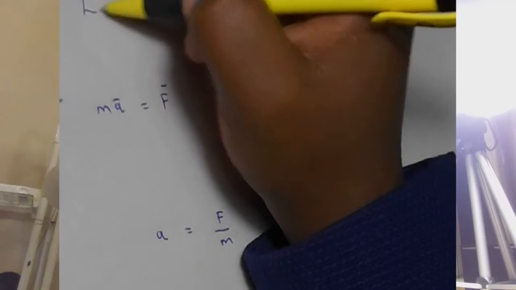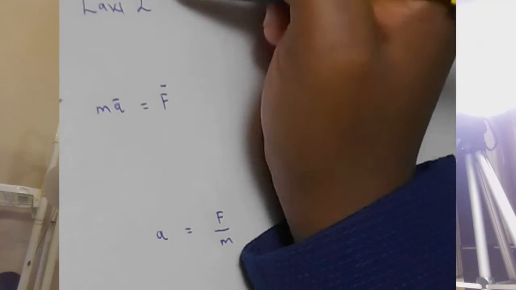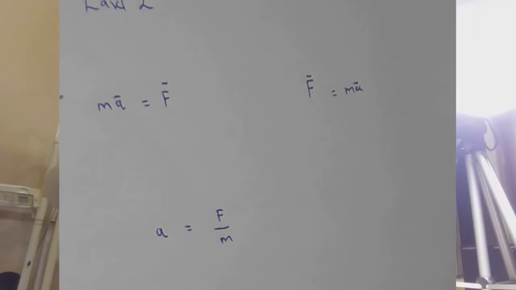So in this law 2, there are three ways of representing it, and you could choose any one that you feel comfortable with.